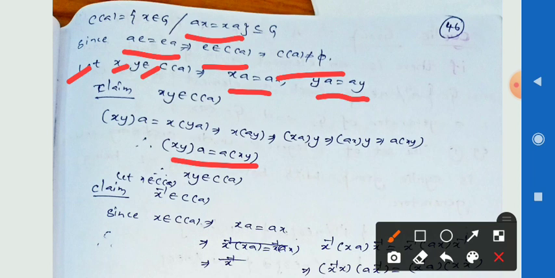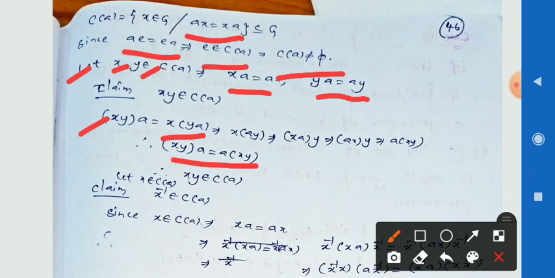If x belongs to C of A and y belongs to C of A, then we have to show that xy belongs to C of A. For this, I am taking xy into A is equal to x into y into A.